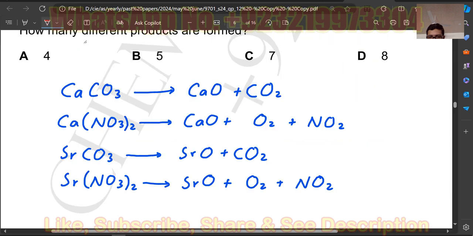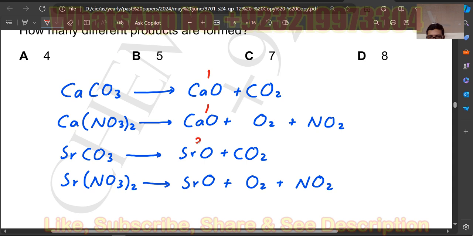Alright, here are all the decomposition reactions of the calcium carbonate, nitrate, and the others. You can find all the products here. I'm going to label 1, 2, 3, 4, etc. to the similar compounds which are obtained in the products. Calcium oxide, there are two calcium oxides, so I'm going to put one on them.